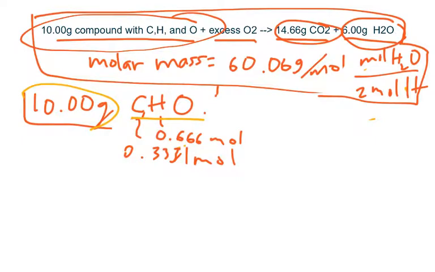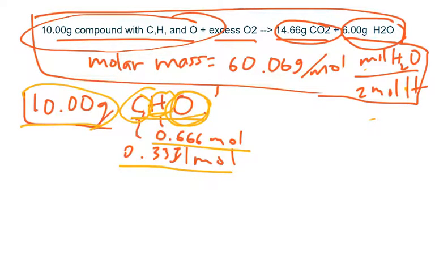We know that the total mass of C, H, and O have to add up to 100% of the mass, aka 10 grams. So if we find the mass of carbon and hydrogen, then we can figure out the mass of oxygen. Since if we have the moles of C and H, then we could find the grams of C and H, and thus, subtracting from 10, we can find the grams of O.